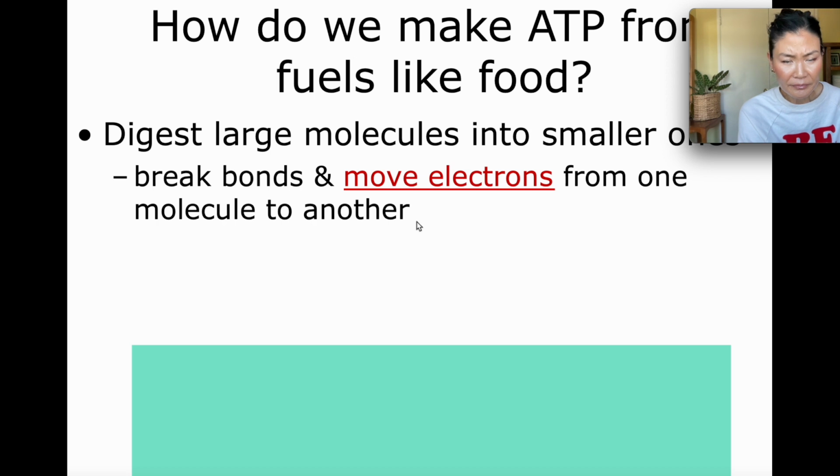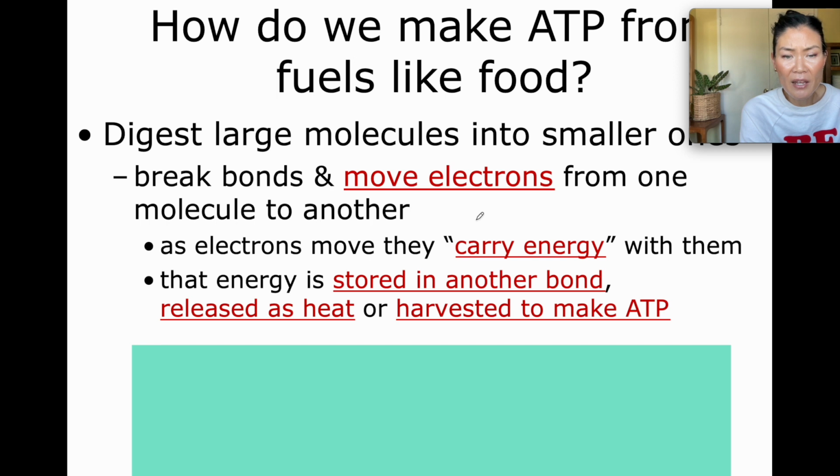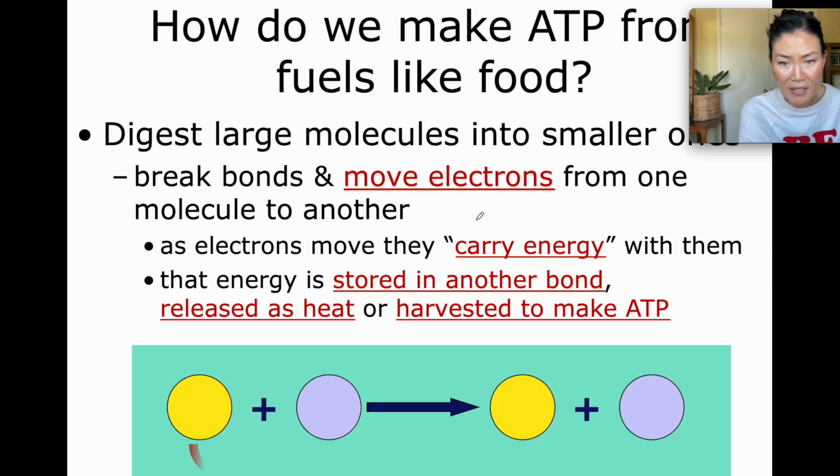But also the electrons are going to be used to create a concentration gradient that's going to be used to make ATP. That's the electron transport chain. More on that later. So as electrons move, they carry energy with them. That energy is stored in another bond, or released as heat, or harvested to make ATP.